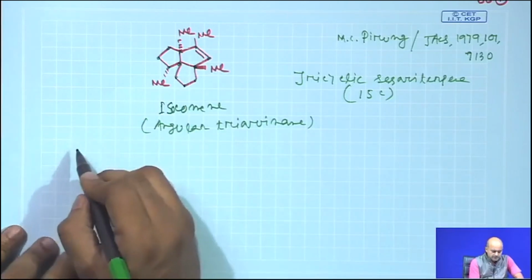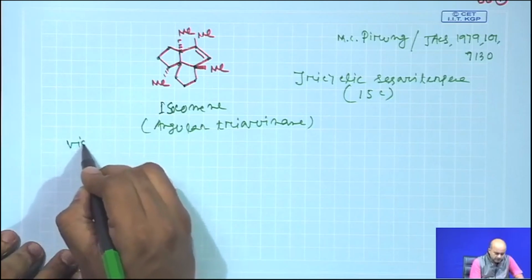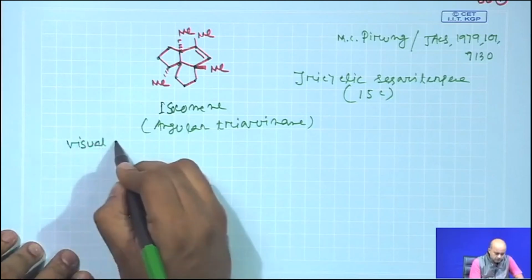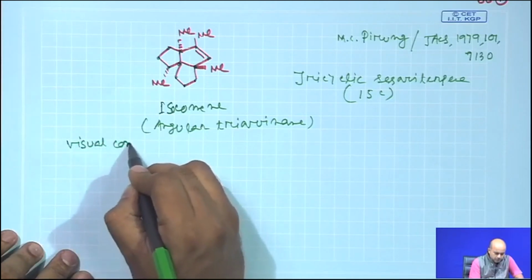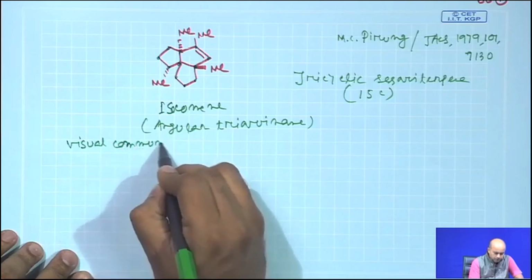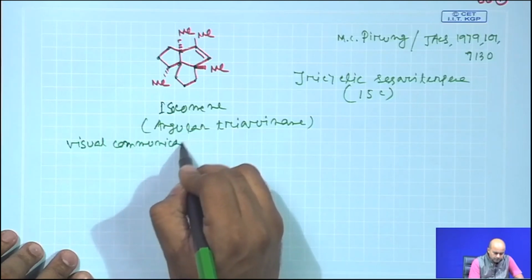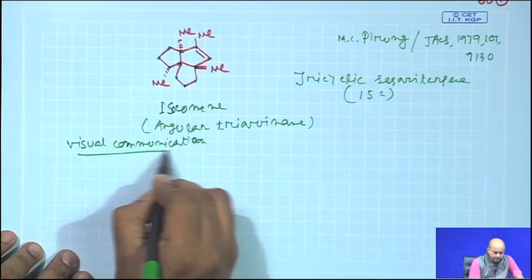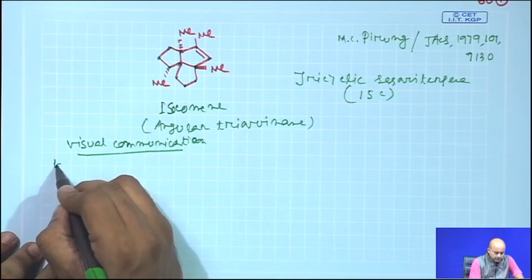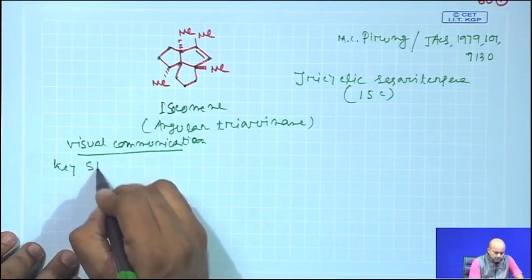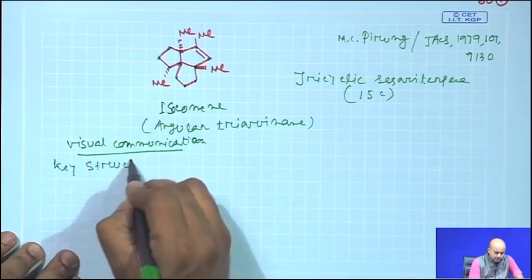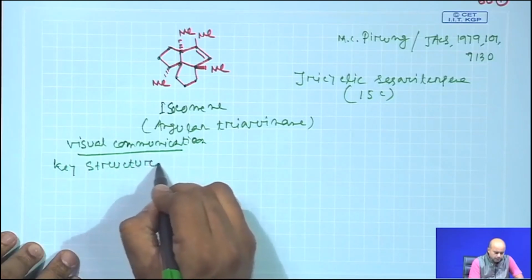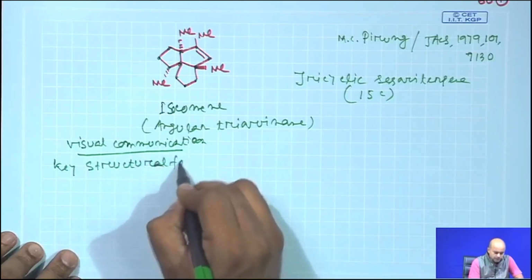Now, as I said, initially start the visual communication, the visual dialogue, with your molecule. You need to find out what the key structural elements or features are in the given molecule.